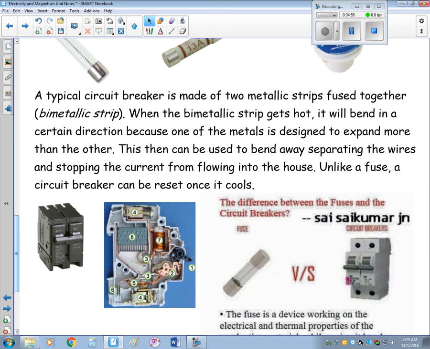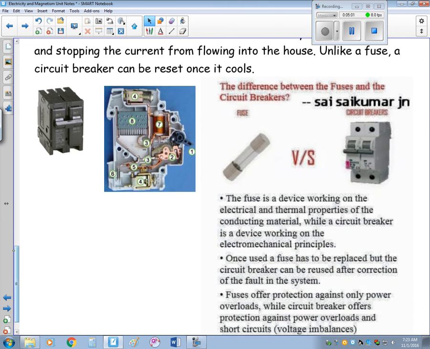So here is a quick little design of a circuit breaker. There's a lot going on to it, but basically all you need to know is that once the current reaches a certain value, the circuit breaker stops electricity from flowing through the wire.